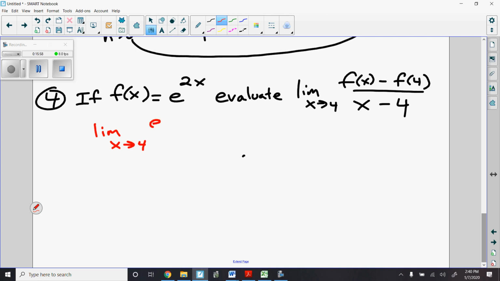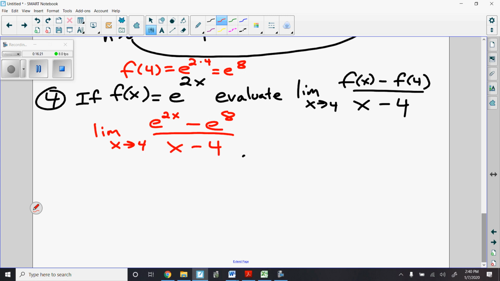F of x then is e to the 2x minus f of 4. F of 4, that would be e to the 2 times 4, which is e to the 8, over x minus 4. I'm done. So again, I'm just making a simple substitution for both f of x, which is e to the 2x, and f of 4, which is e to the 8.